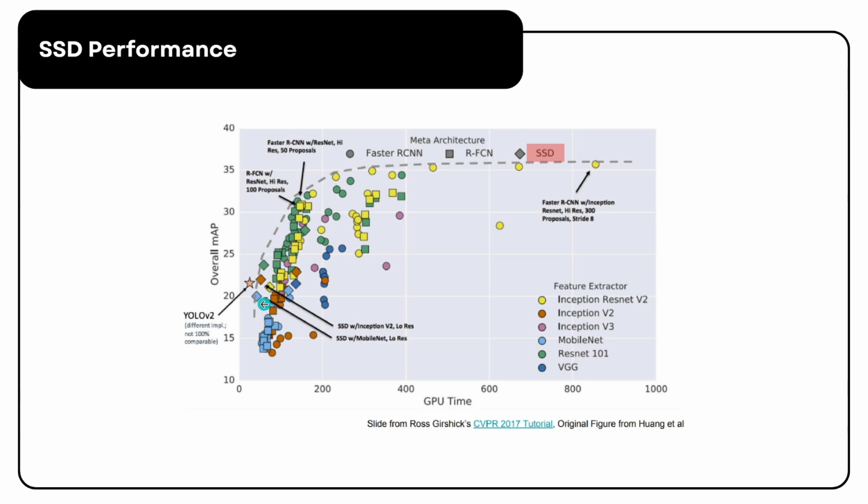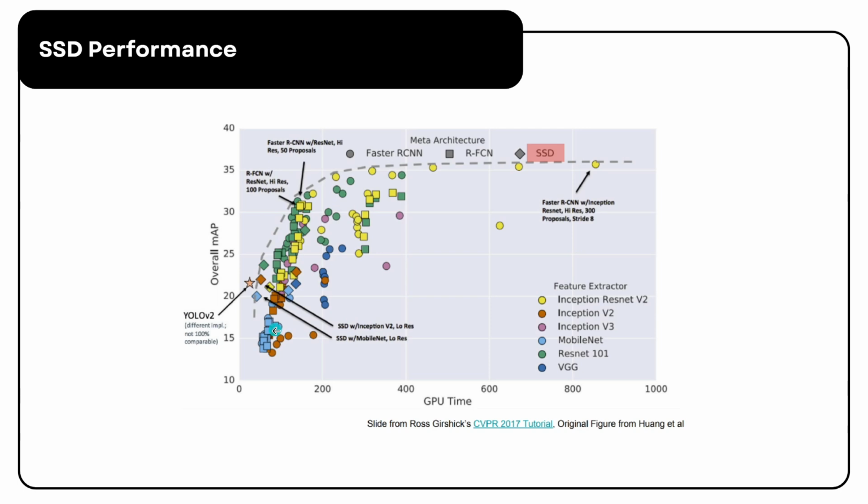But as you can see here, if you use a single shot detector plus Inception V2, the mAP is somewhere around this one and with less inference time. So that is why we say that it is a real strong balance between accuracy and speed.